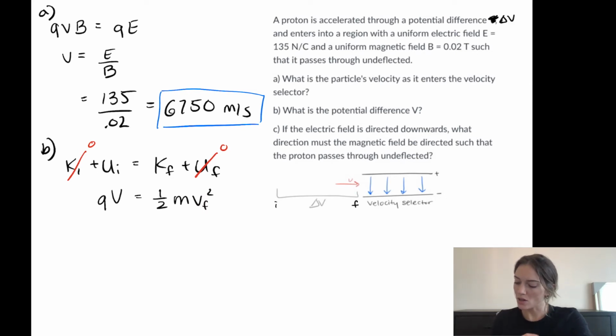Okay, so now I want to solve for V, and I have everything else. I know the charge of a proton, I know the mass of a proton, and I found its velocity already in part A. So this is for a proton.